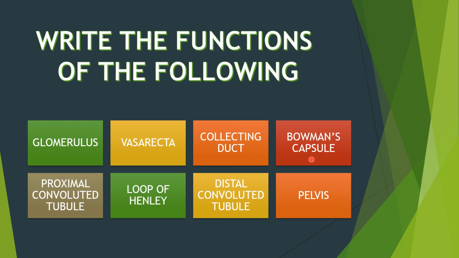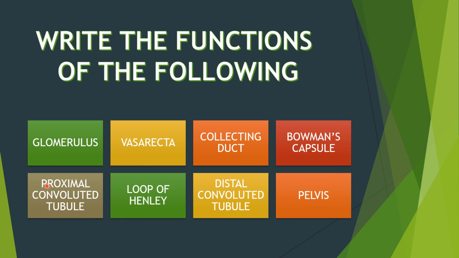Bowman's capsule. What is the function? It collects glomerular filtrate. Then the next one, proximal convoluted tubule. What is the main function?